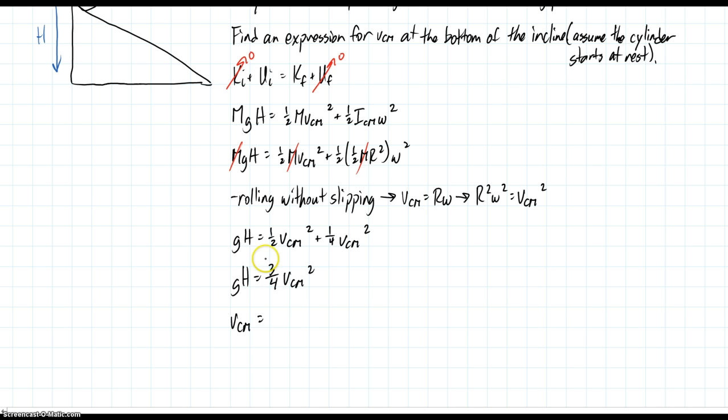which would give us that the speed of the center of mass at the bottom of the incline equals the square root of 4/3 gh.